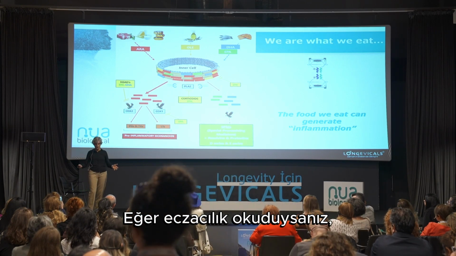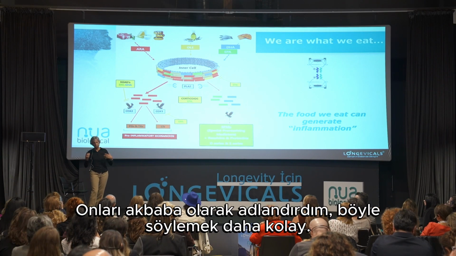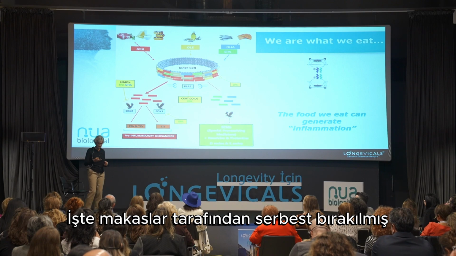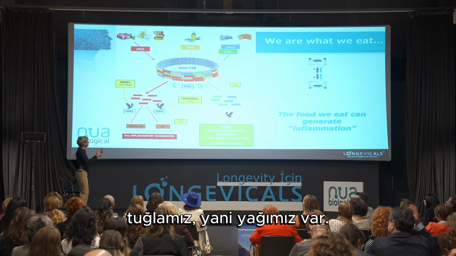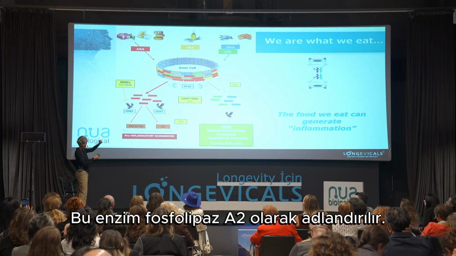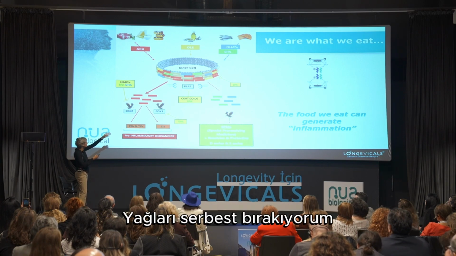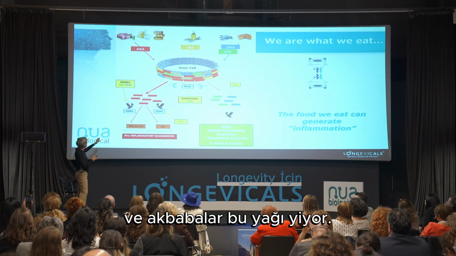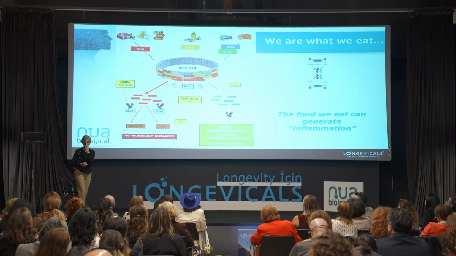If you study pharmacy, those are some enzymes that we have in our body. So I'll put them like vultures. It's easier. So we get our fat, which has been released by these scissors, which is called phospholipase A2. This enzyme is the one that's releasing the fats from my cell wall. So I release it there, and the vultures eat this fat.